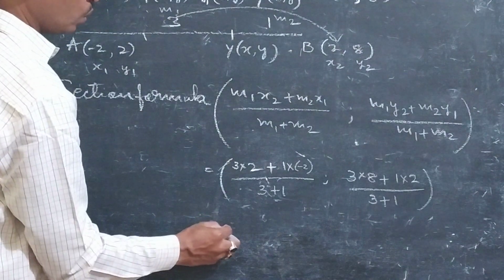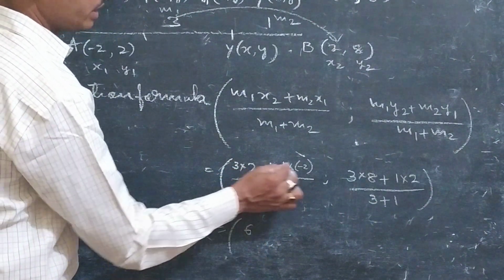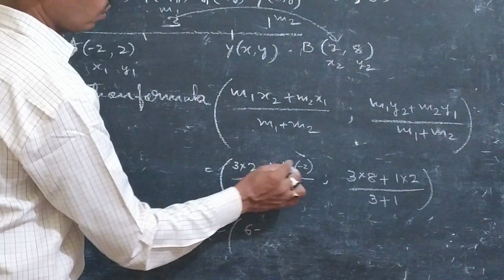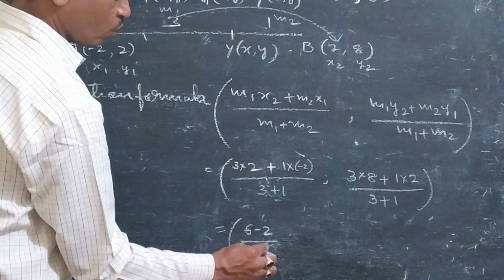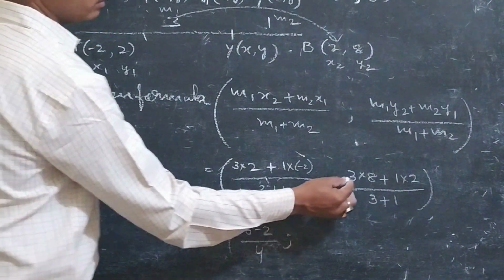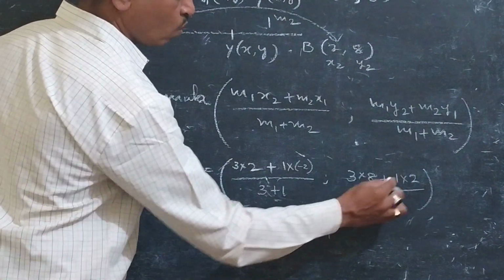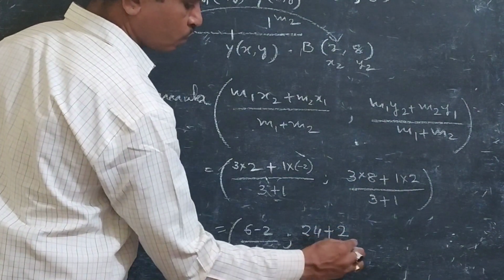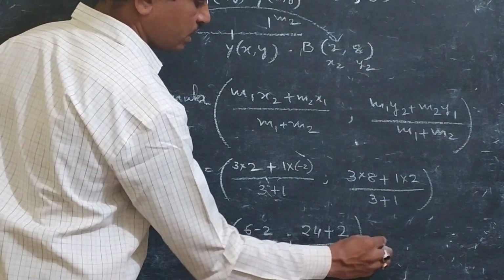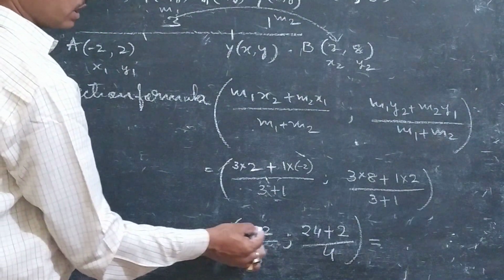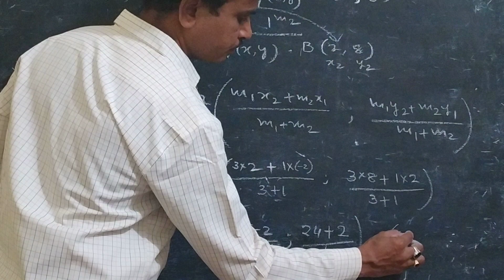Then this is equal to 3 twos are 6, plus 1 into -2 is -2, whole divided by 3 plus 1 is 4. Then 3 eights are 24, plus 1 into 2 is 2, whole divided by 4. So 6 minus 2 is 4, 4 by 4.